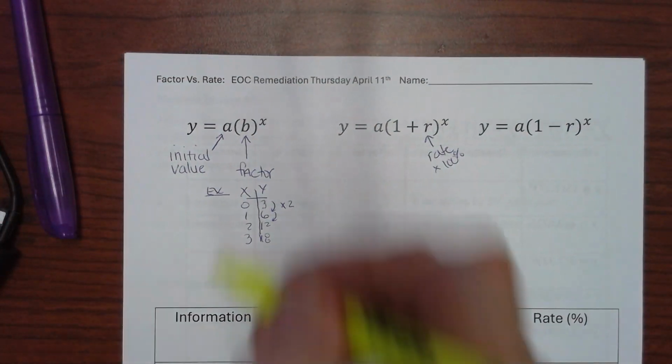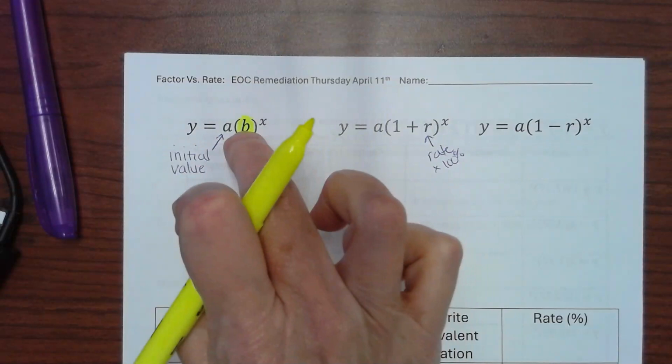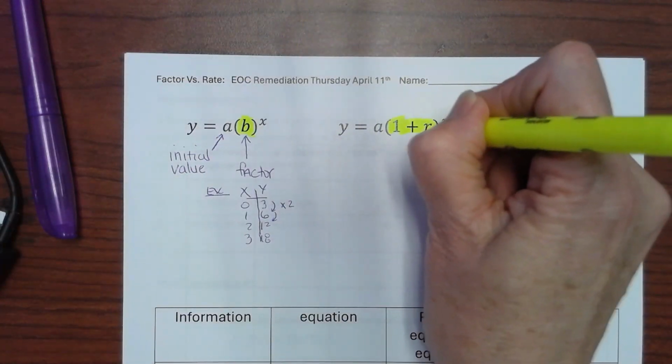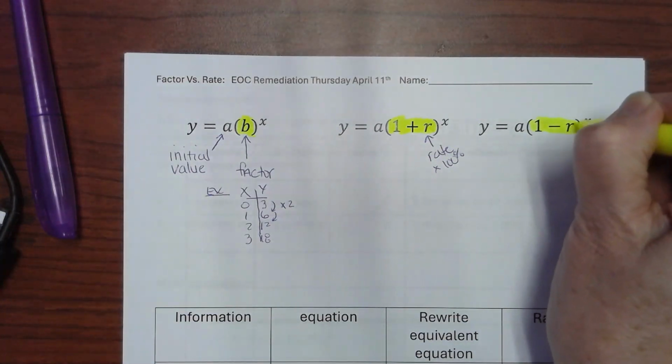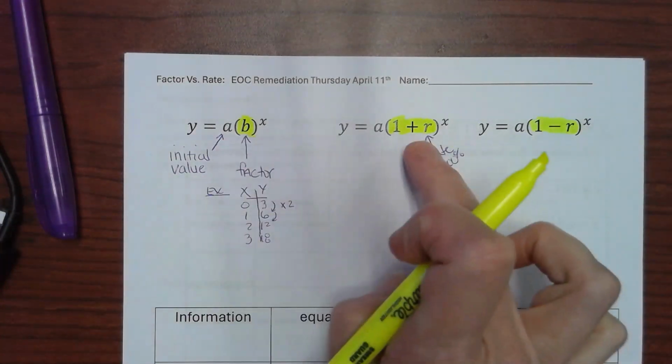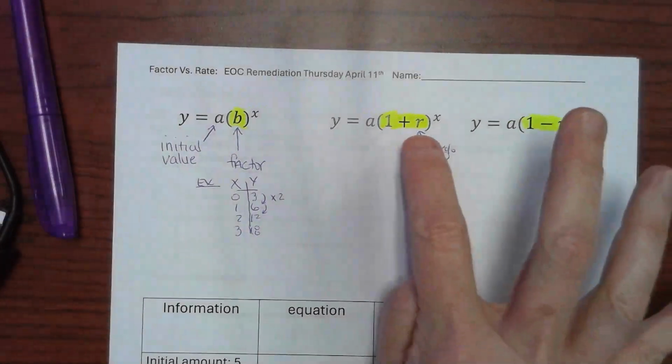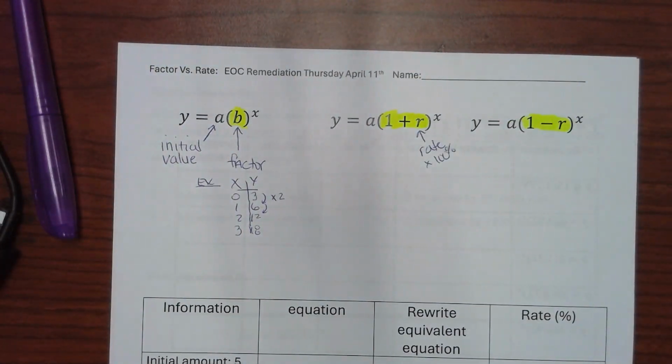So the whole trick here is we're going to take what's in parentheses and we're going to write an equivalent expression. Equivalent means the same thing. It's going to have the same value. And once we do that, we can pull our r out, which stands for our rate.